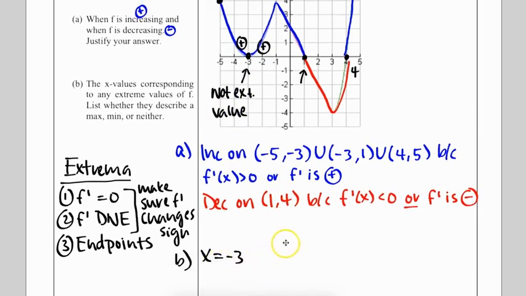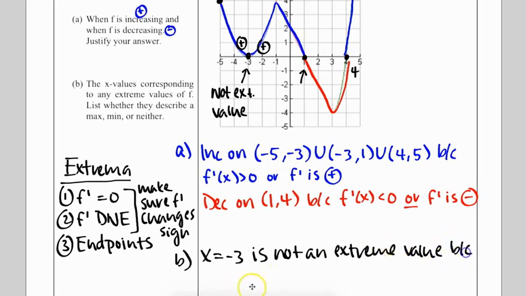So I'm going to say that x equals -3 is not an extreme value, and that's because f prime doesn't change sign. So this could potentially be a shelf point here. We're increasing, we kind of plateau off, and then we increase again.